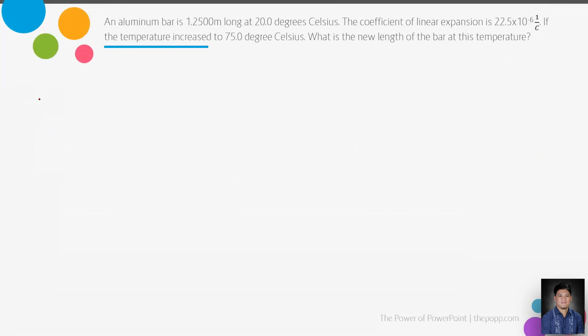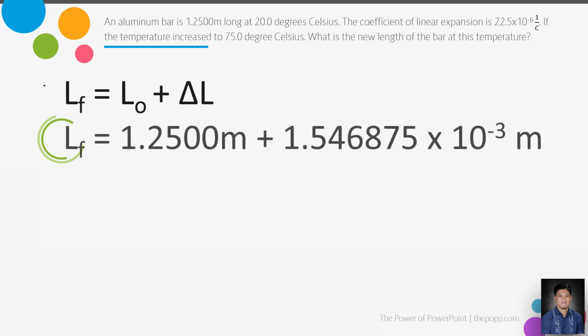For letter B, what is the new length? For the new length, or the final length, i-add lang natin yung kanyang initial at yung kanyang change in length. Ang gagamitin natin na change of length, yung kanyang exact value. So 1.2500 meter plus 1.546875 times 10 to the power of negative 3 meters.